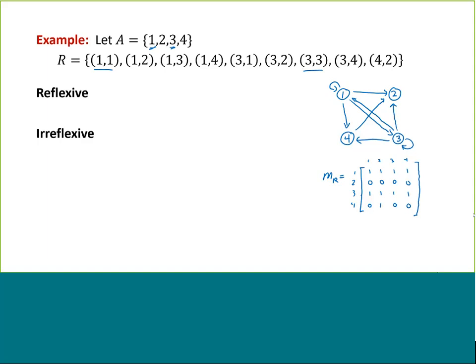Or some people find it far easier to look at the picture. Remember what reflexive means? Reflexive means you have to have all your loops. So what do you think? Do we have all of our loops?